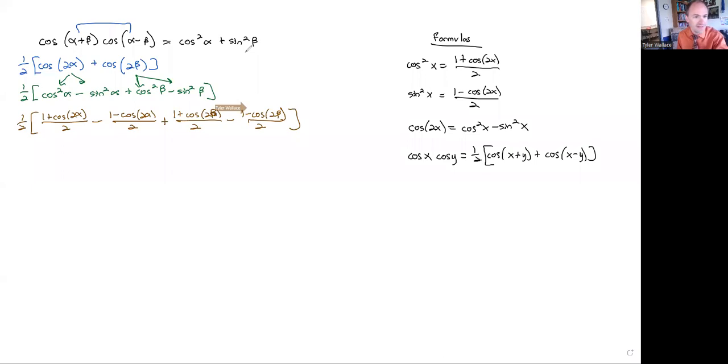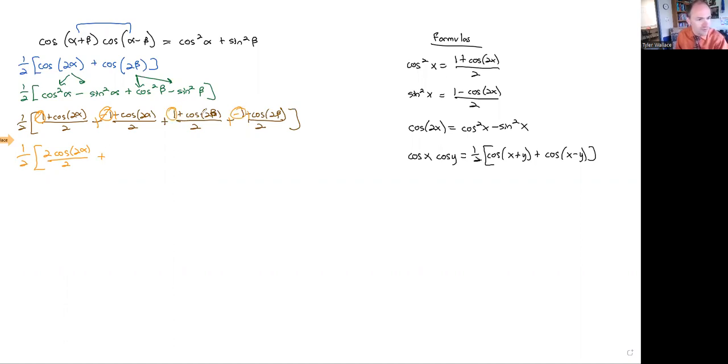Everything's good there. Another thing I would do is with these subtractions, I would distribute the negative through the following fraction. That's going to make it easier to combine like terms because they're all over 2. So I'm going to combine the alphas and combine the betas together to see what we end up with. And when I do that, we get 1/2 times 1 minus 1 is 0. Cosine plus cosine is 2 cosine of 2 alpha over 2.